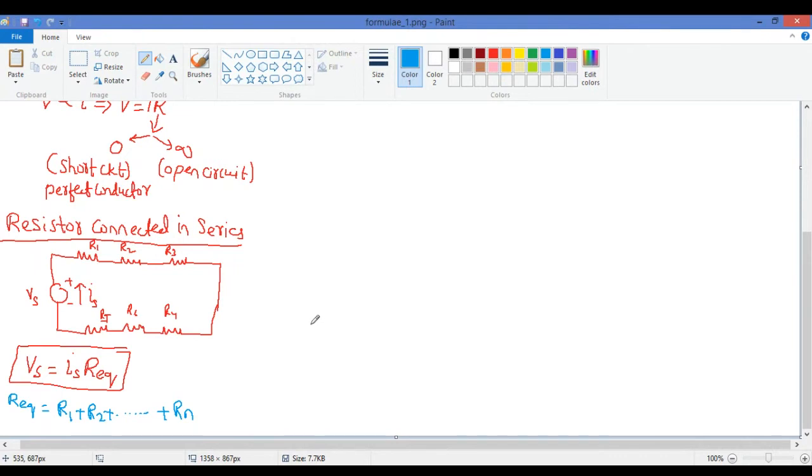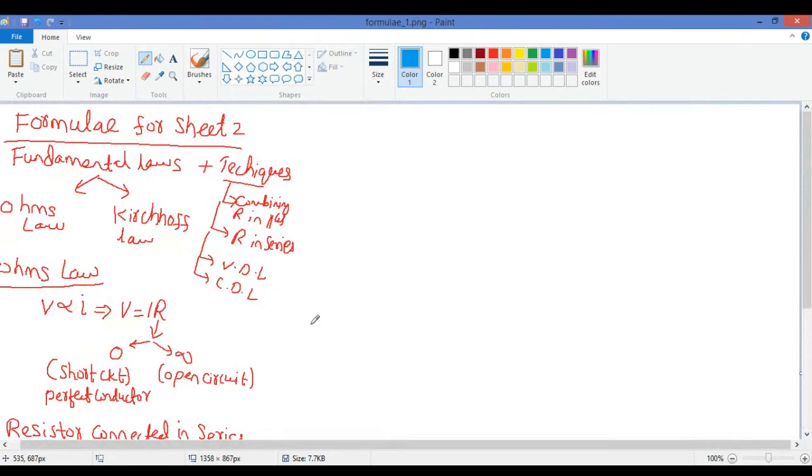Now let us put the resistors in parallel. Let us take an example of parallel. I'll draw a line so that we divide the board.